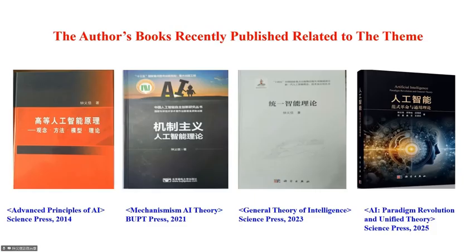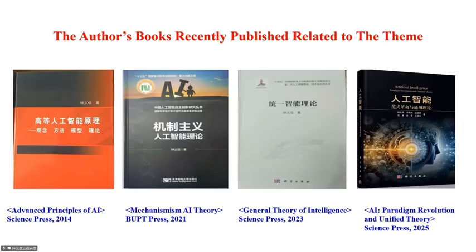In 2014, a book was published by Science Press, titled Advanced Principles of AI, and then another book was published by BUPT Press. The book title is Mechanism AI Research.